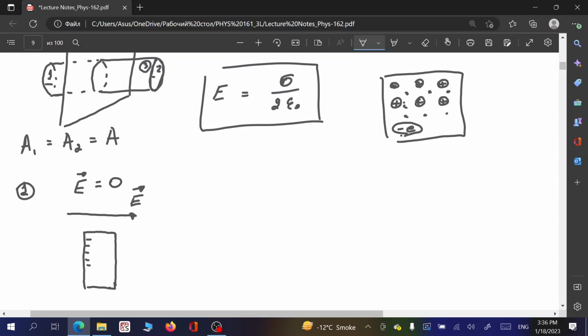So we will have more electrons than necessary at the left side and uncompensated positive charges at the right side. In this case, they will create an internal electric field which compensates the external electric field. And the net electric field inside the system under electrostatic equilibrium, when there is no electric current flowing through this conductor, will be equal to zero. So that is the reason why we don't have electric field inside.